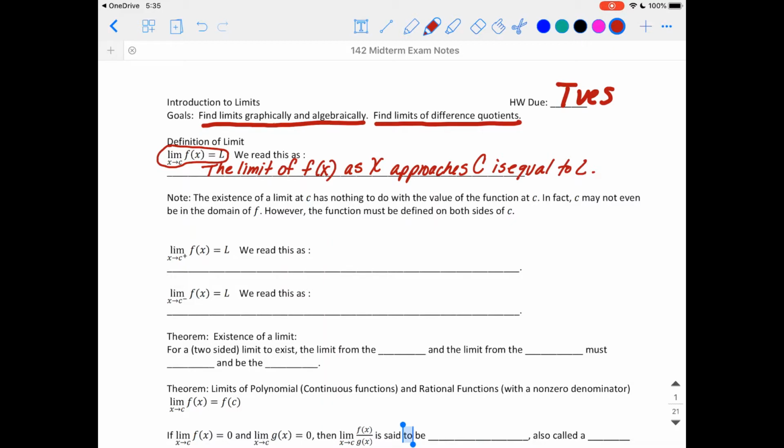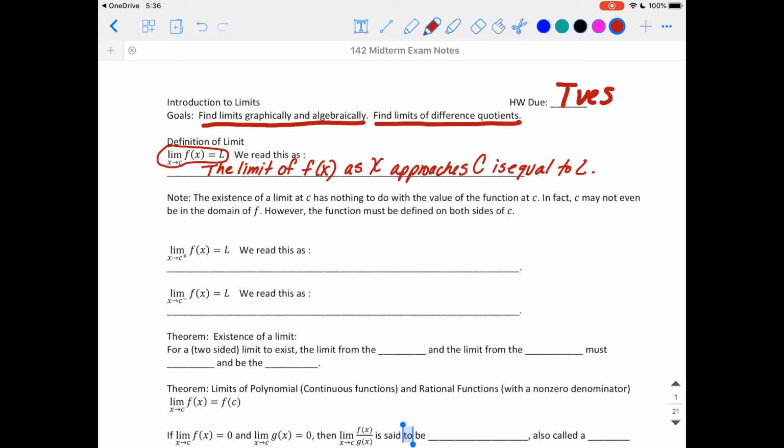And so here I put a note. The existence of a limit at c has nothing to do with the value of the function at c. In fact, c may not even be in the domain of the function f. However, the function must be defined on both sides of c.